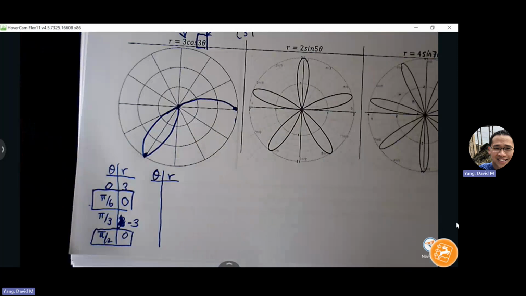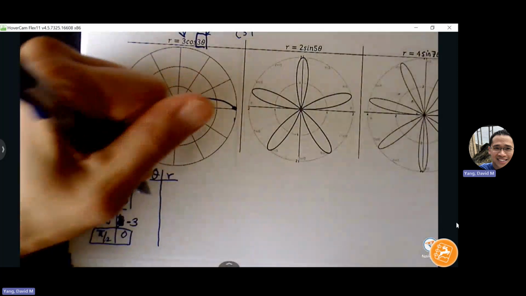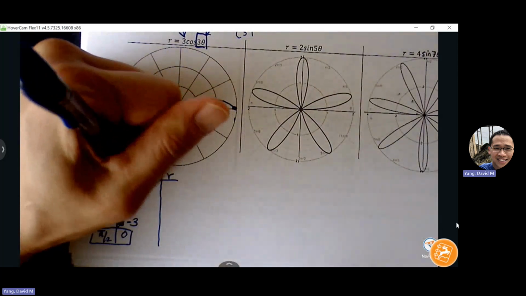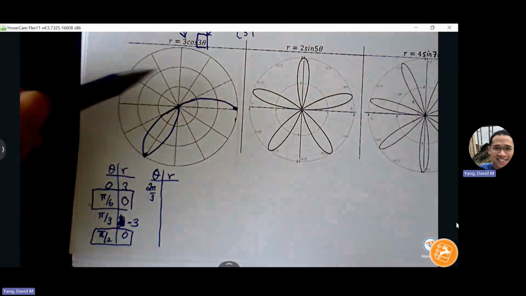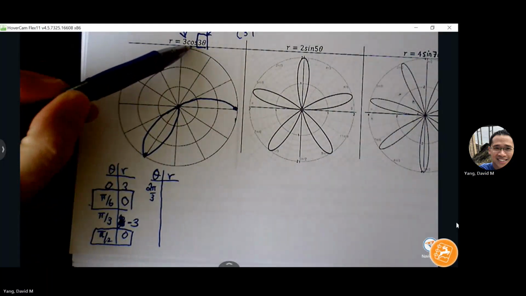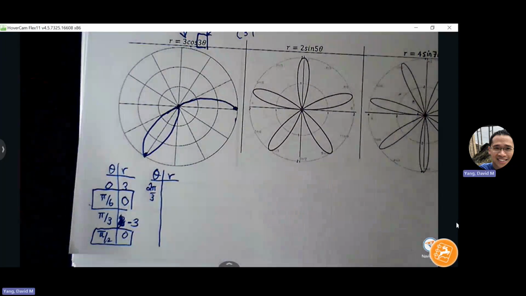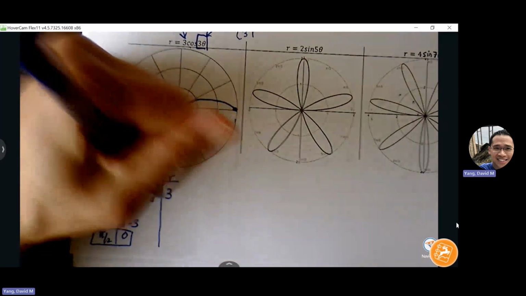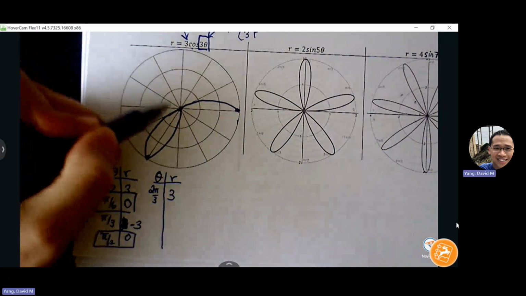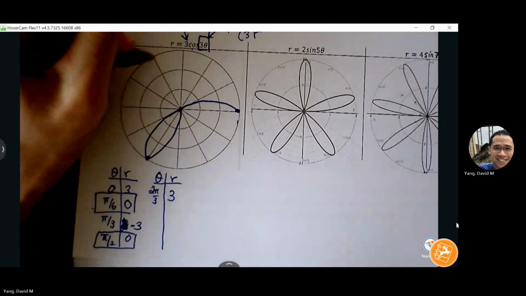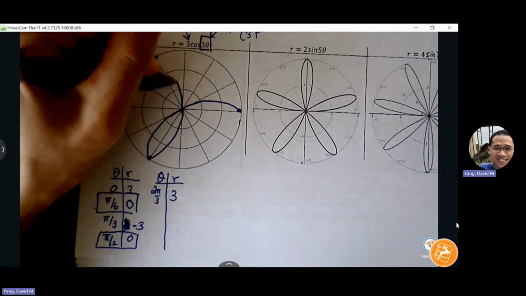Symmetrical, yeah. But I'm going to just pick off some more values here. 2 pi over 3. Yeah, so 3 times 2 pi over 3 is 2 pi. Cosine of 2 pi is 1. 1 times 3 is 3. So that means at this 2 pi over 3 line, the graph's going to go to 3.